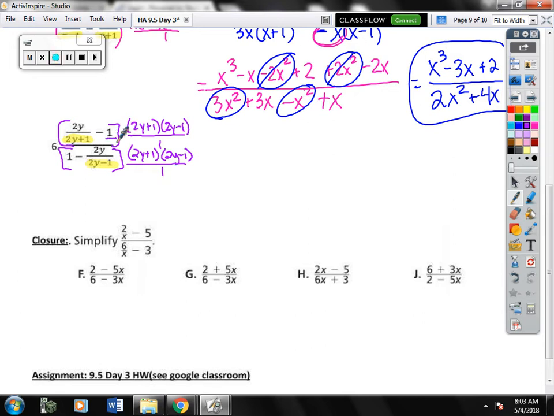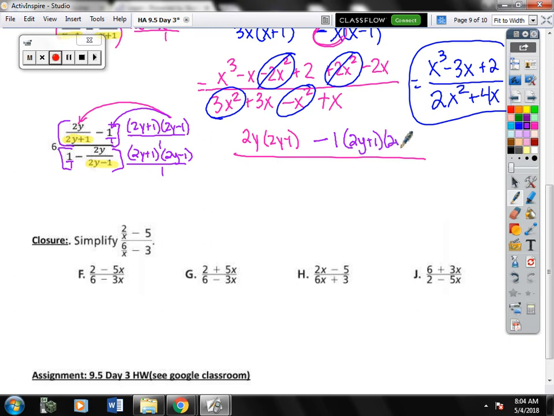And again, if you want to, you can make this 1 over 1 so that you have all fractions. And then we will start distributing. So when I distribute this whole thing, the 2y plus 1s will divide out. So I'll be left with just the 2y in the top times the 2y minus 1. And when I distribute this whole thing to here, both of those things are coming along. So that'll be minus 1 times 2y plus 1, 2y minus 1.